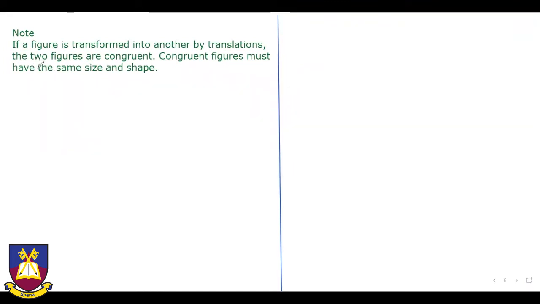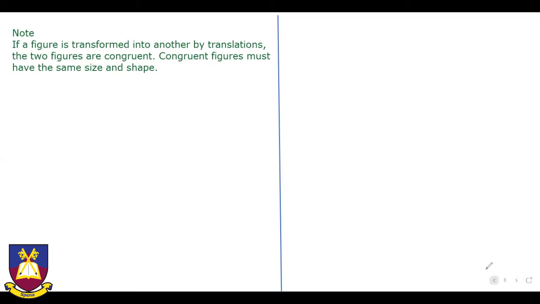Now, the knowledge of translations is very important in understanding congruence of figures or similarity of figures. So if a figure is transformed into another by translations, then we say that the two figures are congruent.